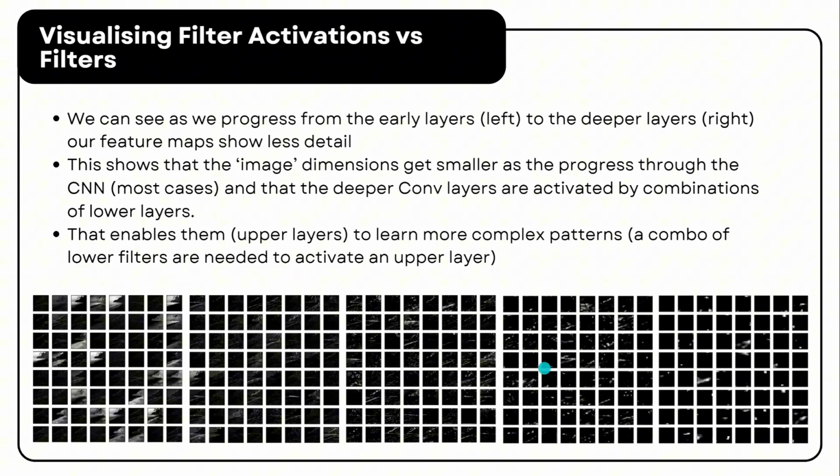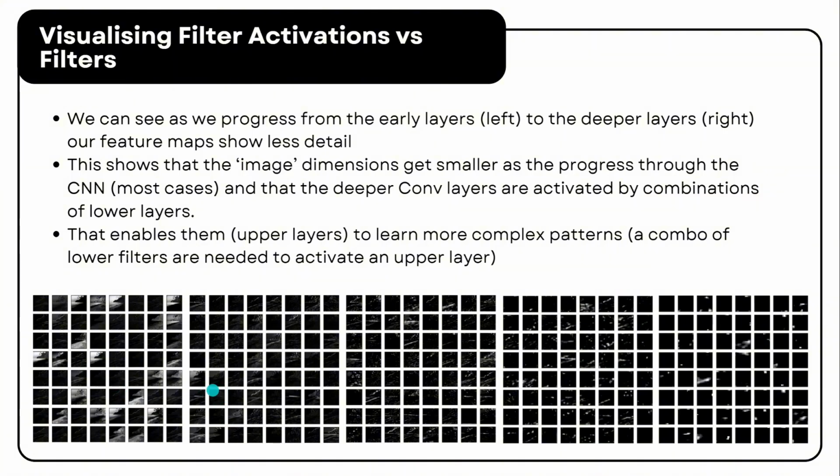So that's why the feature maps start to look more pixelated or abstract as we go further to the right. Now notice how the feature maps in the early layers on the left contain more detail.